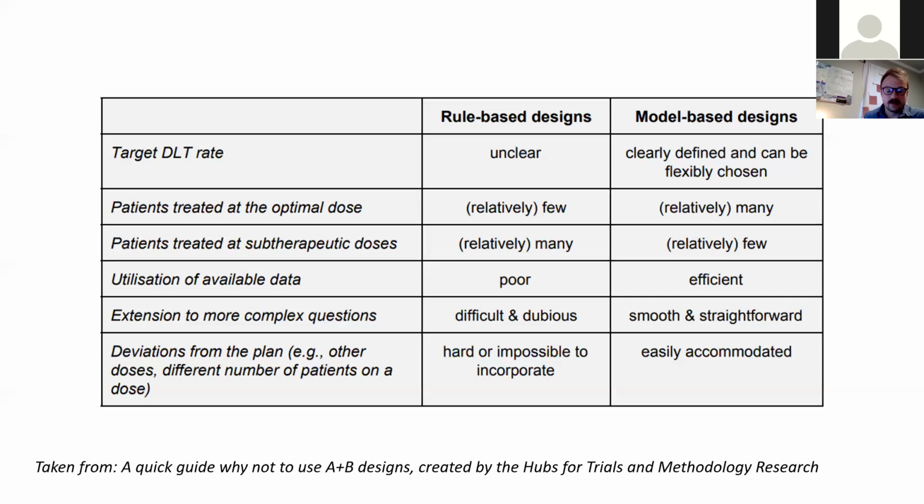Now, a big advantage of these model-based designs is we're really making efficient utilization of our available data. Model-based designs allow the estimation of the MTD together with an informative measure of precision. Under a 3+3 design, there's a lot of uncertainty around the MTD selected at the end of the trial.